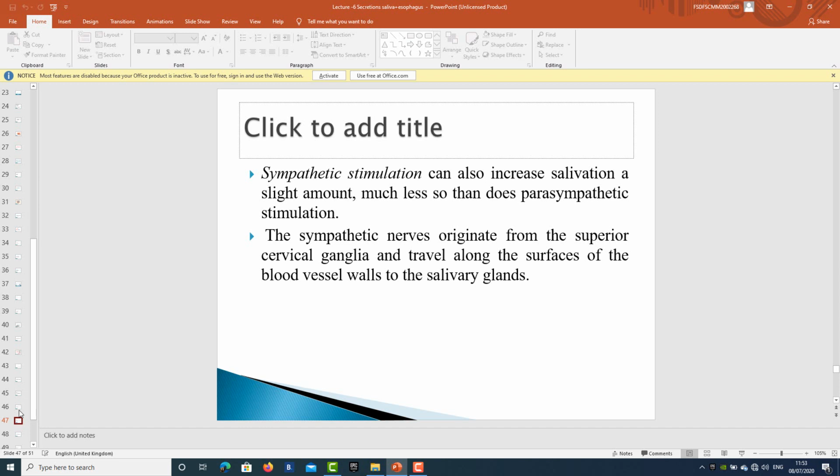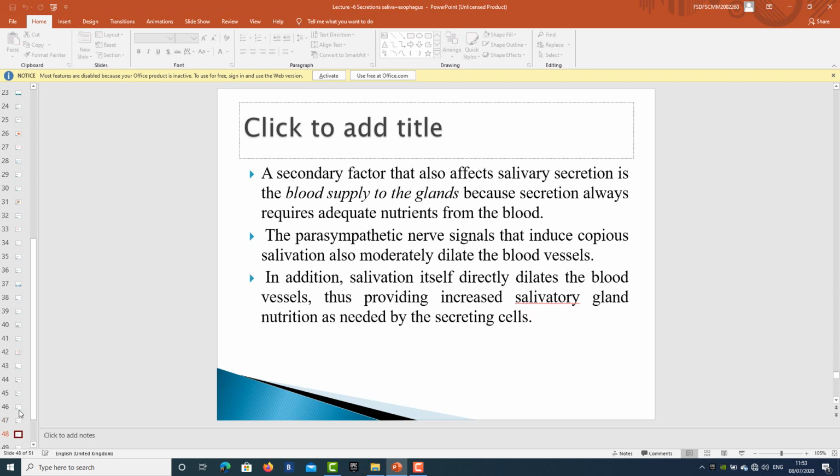The sympathetic nerves originate from the superior cervical ganglia and travel along the surfaces of the blood vessel walls to the salivary glands. A secondary factor that also affects salivary secretion is the blood supply to the glands, because secretion always requires adequate nutrients from the blood. The parasympathetic nerve signals that induce copious salivation also moderately dilate the blood vessels.